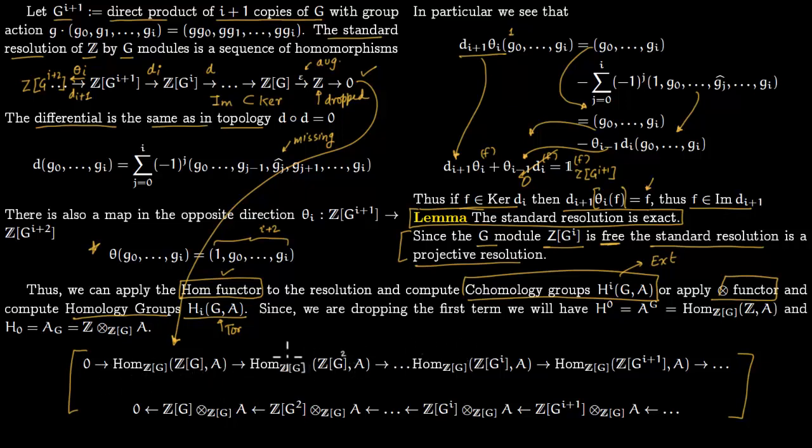So in this term you have dropped the first term, and the kernel of this map is precisely what is going to give you the 0th homology and 0th cohomology. So here you get homology, and this is precisely this term because we have dropped this tensor term. So this starts with ZG. Similarly here Z has been dropped.